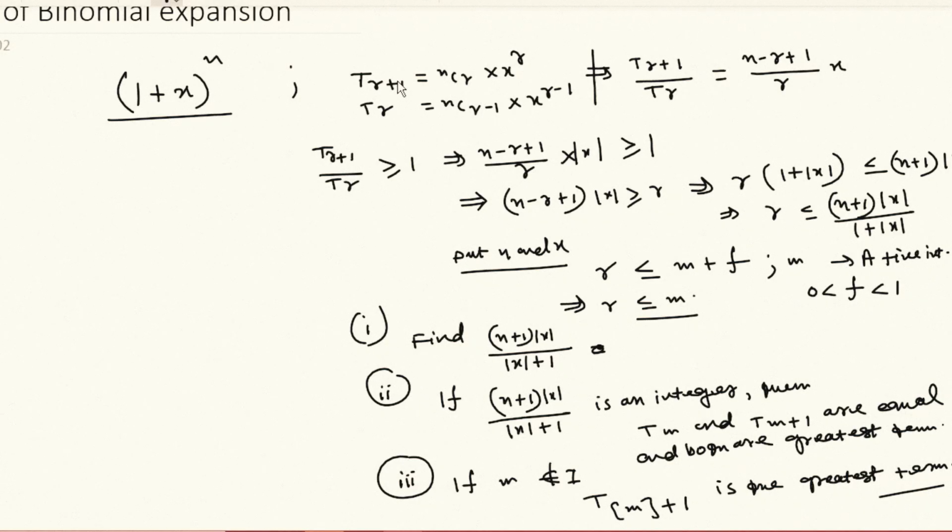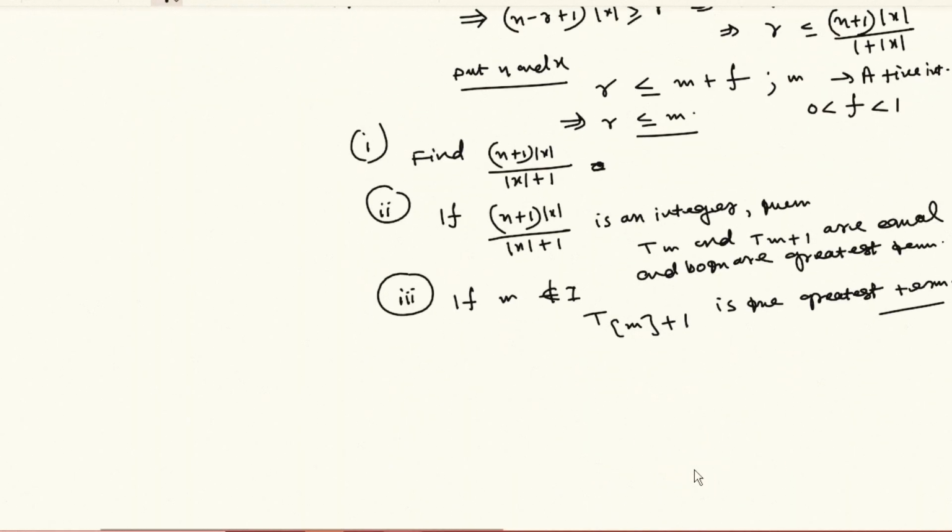This bracket, you know very well, is the greatest integer function. Now let us apply this in a sum, because otherwise how T(m) and T(m plus 1) are equal and both are greatest will bring confusion among you.